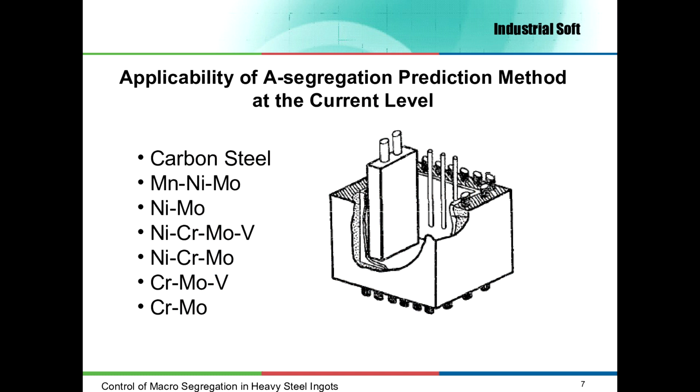At the moment, the A segregation prediction technique can be used only for carbon steel and low alloyed steels. To extend the applicability to stainless steels, T-alloys or other exotic materials, we need to establish the critical value alpha using an experimental apparatus as presented in this slide.